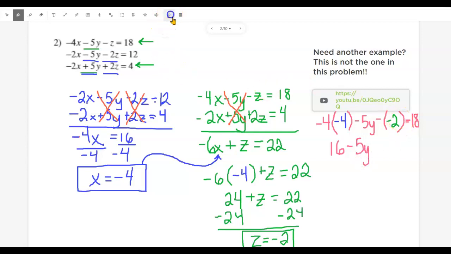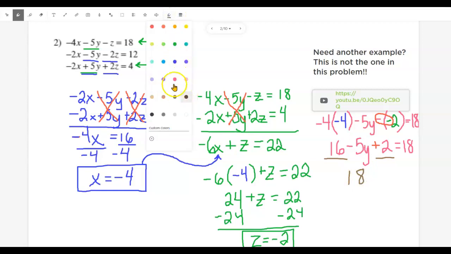And anytime we see this minus negative, we're going to change that to a plus. So we're going to do plus 2 equals 18. Once we're at this point, we're going to combine like terms. 16 and 2 will combine to be 18. So now we bring down our minus 5y equals 18.